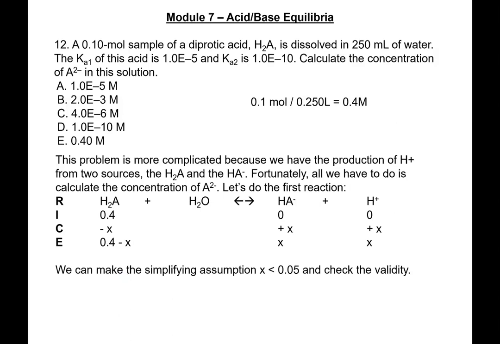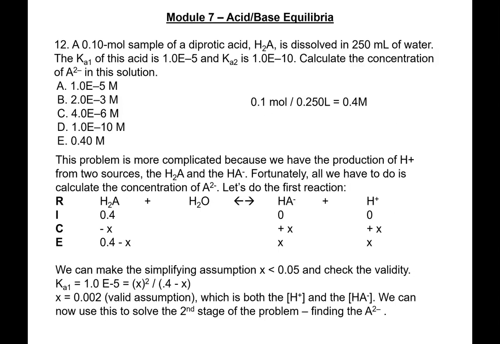I see if I can make a simplifying assumption. I think it's going to be close, but I might be able to do it. We say that Ka1 is 1 times 10 to the minus fifth, and that's equal to X times X, divided by 0.4 minus X. Okay, I get X is 0.002.